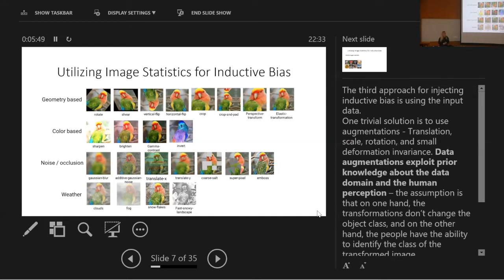This prior knowledge says that, on one hand, the transformation does not change the object class. We all know that a rotated bird is a bird. And on the other hand, people have the ability to identify the class even if the image is transformed. So this is another prior knowledge.